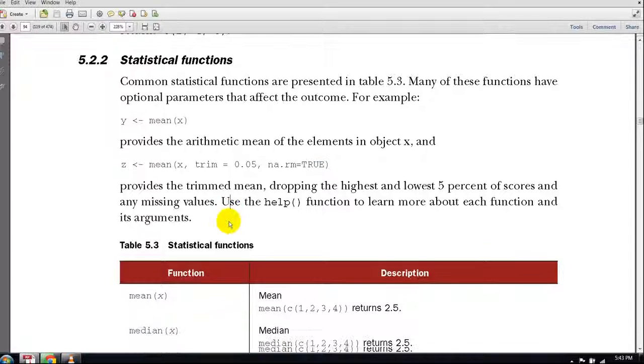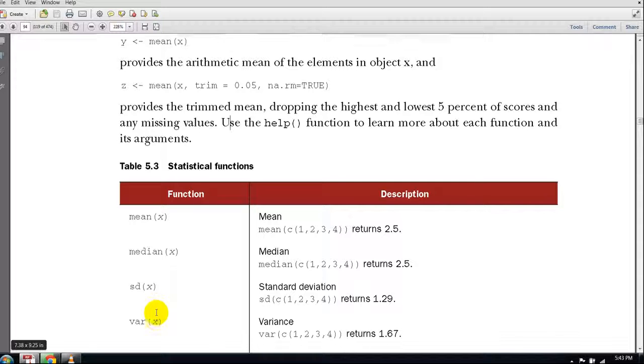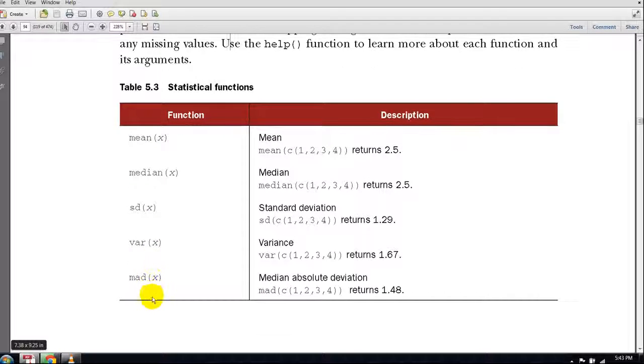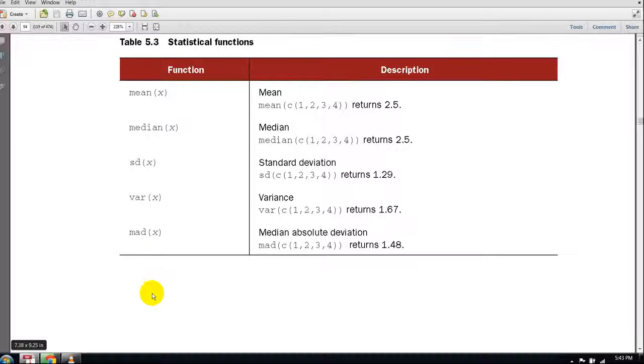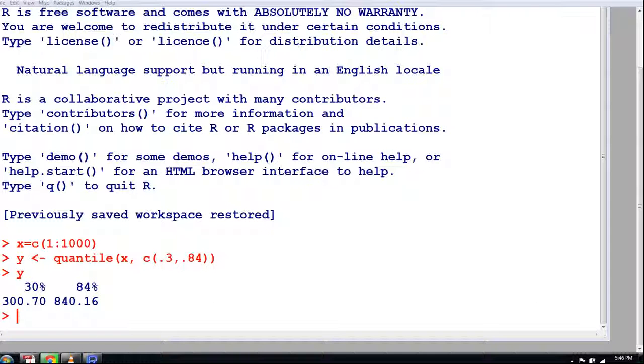And then we have the median, the standard deviation, the variance, and the mean absolute deviation, which you probably don't know, but you can look it up. We have quantile, so here's an example of that. Suppose you have a vector from 1 to 1,000, and you take the quantile and put in x to apply it to that vector.